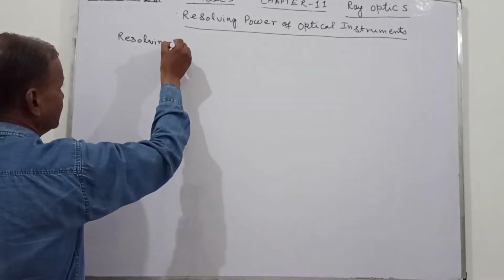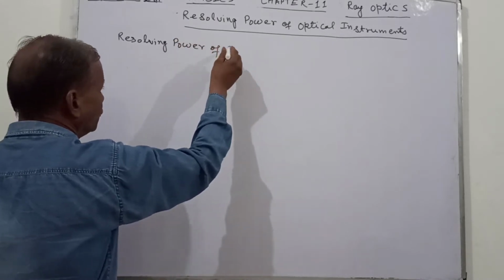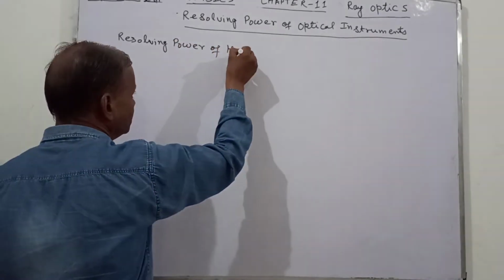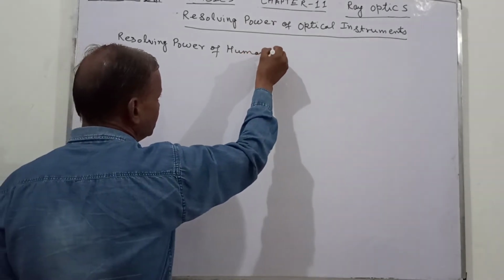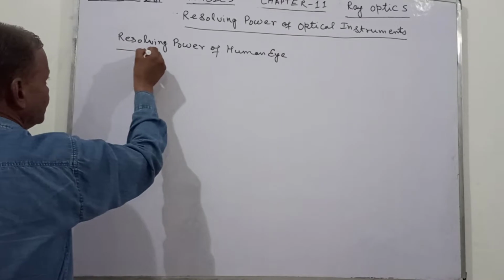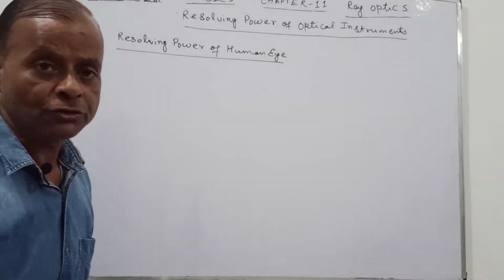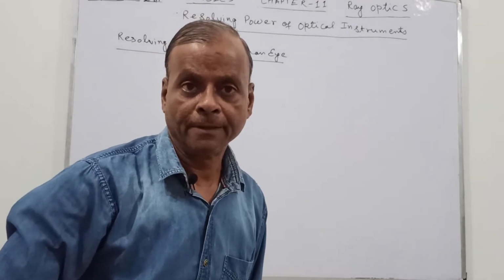Resolving power of human eye. Human eye is also an optical system which makes the image of the object on the retina.